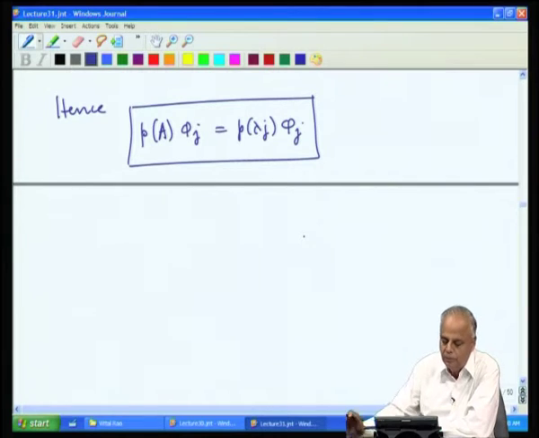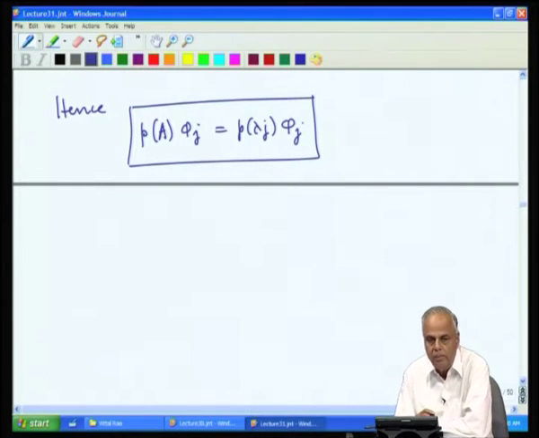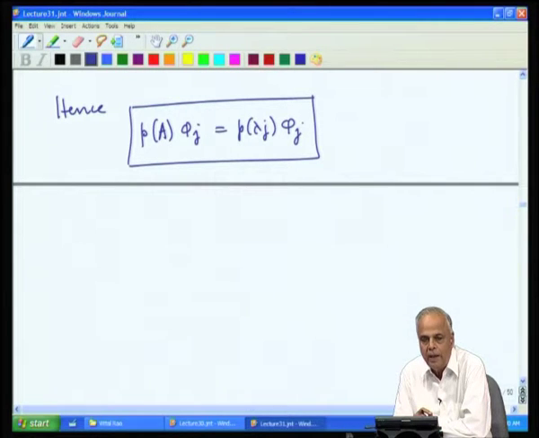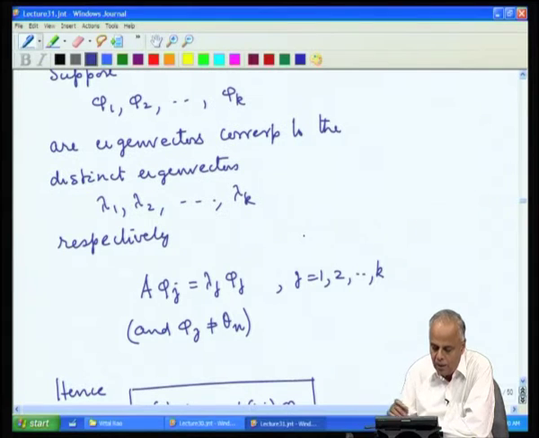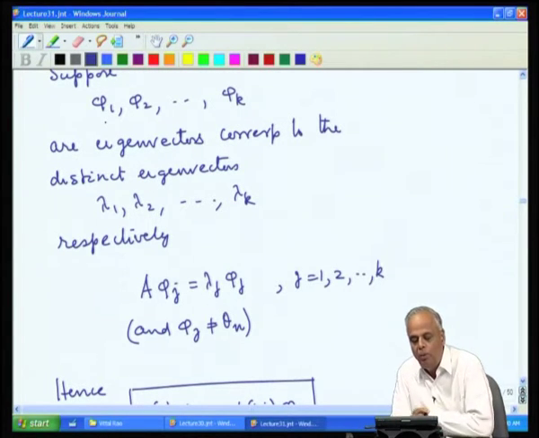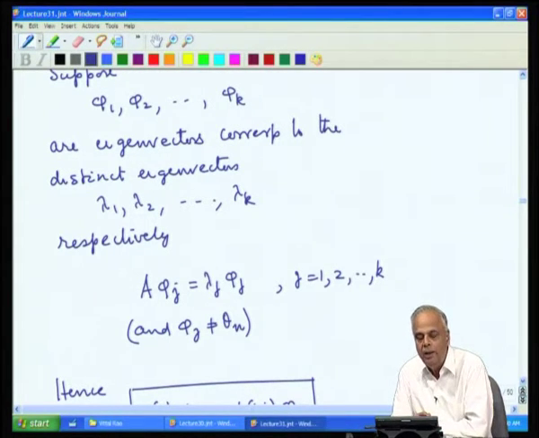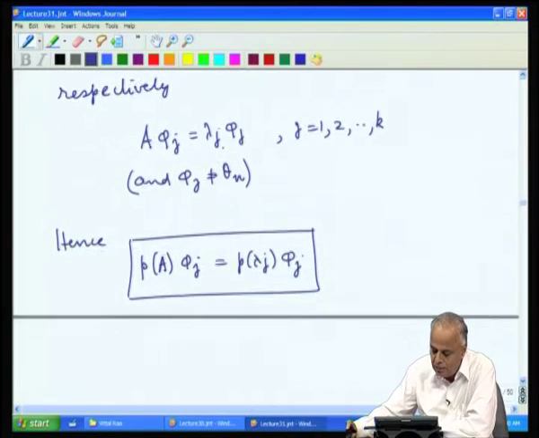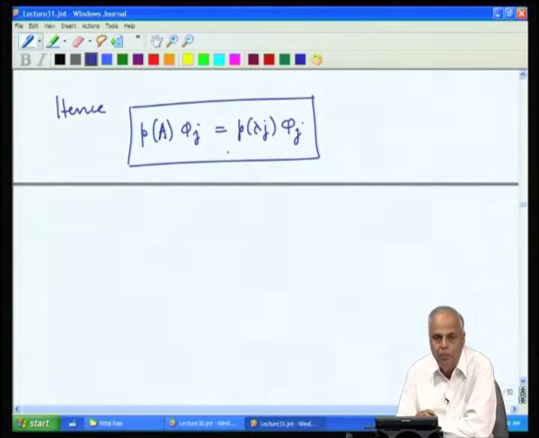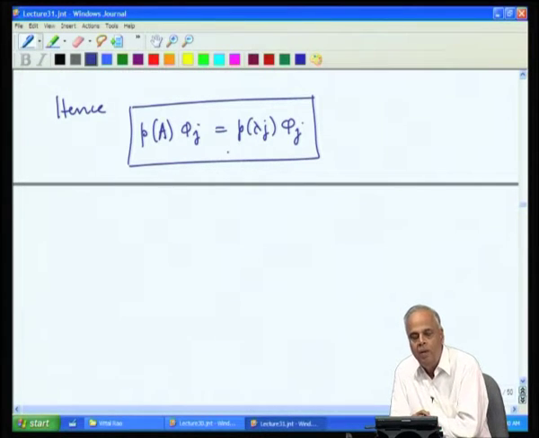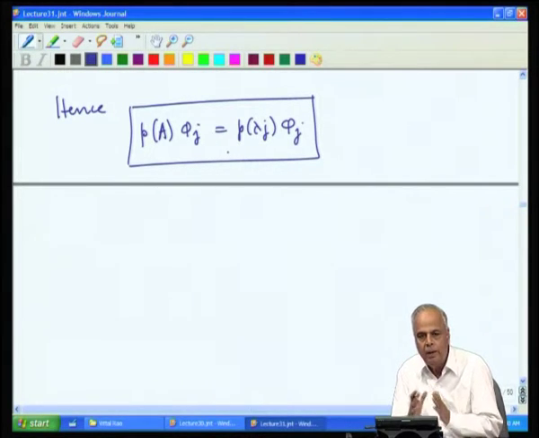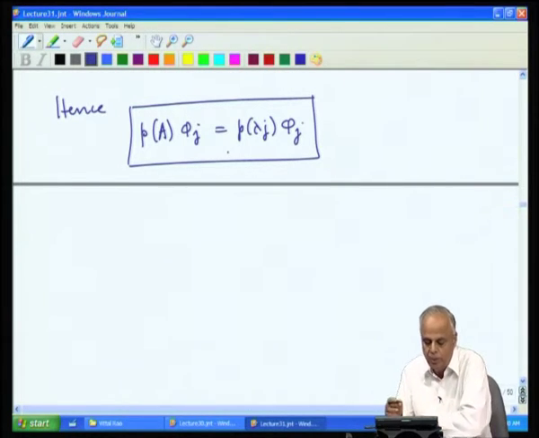Now, how are we going to use it? We were claiming that the eigenvectors corresponding to distinct eigenvalues are linearly independent. So, what we were claiming was that φ₁, φ₂, ..., φ_k must be linearly independent. How do we prove it? We have to show that if any linear combination is 0, then the coefficients must be 0.